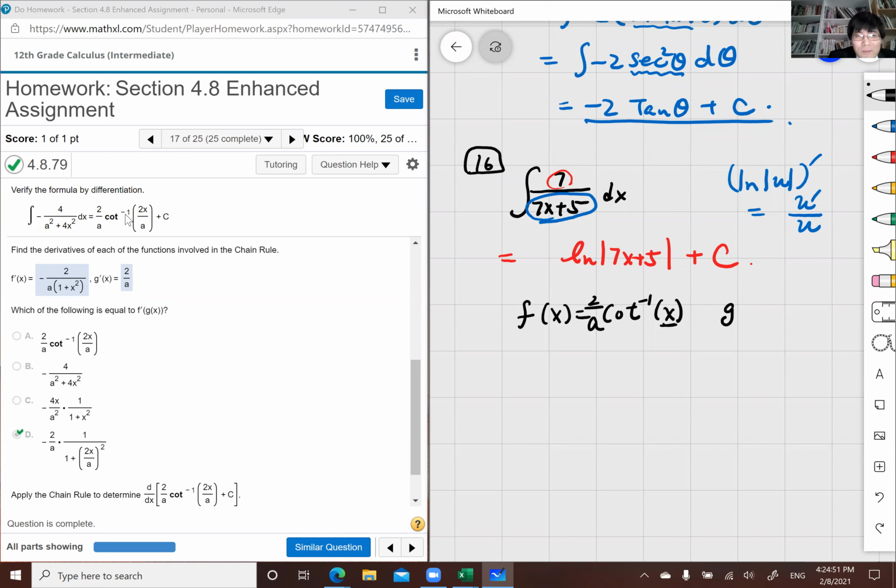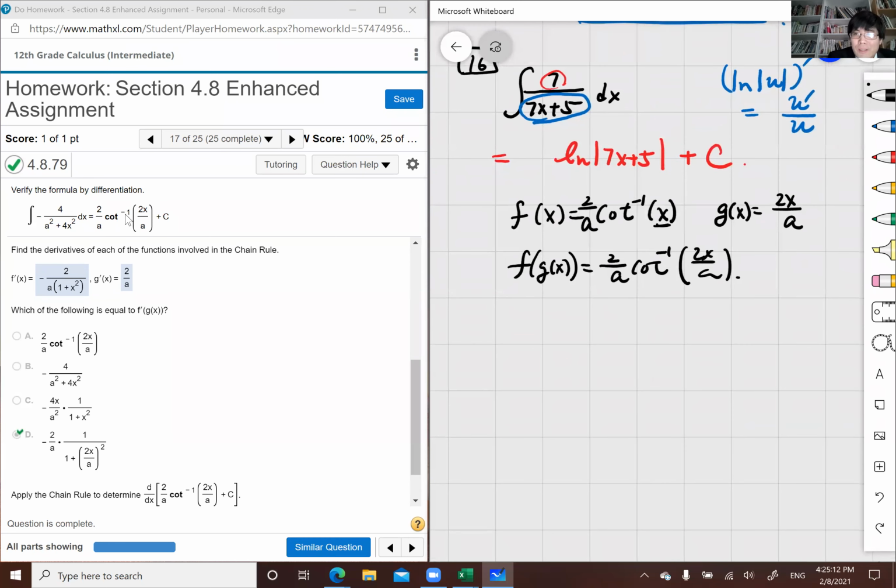And let's say the inside function is 2x over a. Now, the composition of these two functions is going to give us 2 over a times cotangent inverse of g of x, which is 2x over a. We are trying to use the chain rule. So the derivative of this one is f dash of g of x times g dash of x.